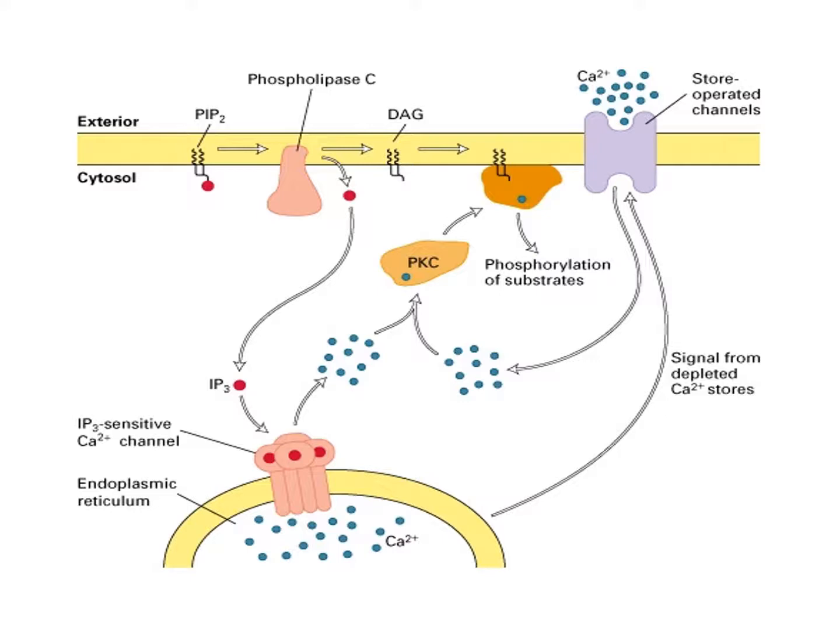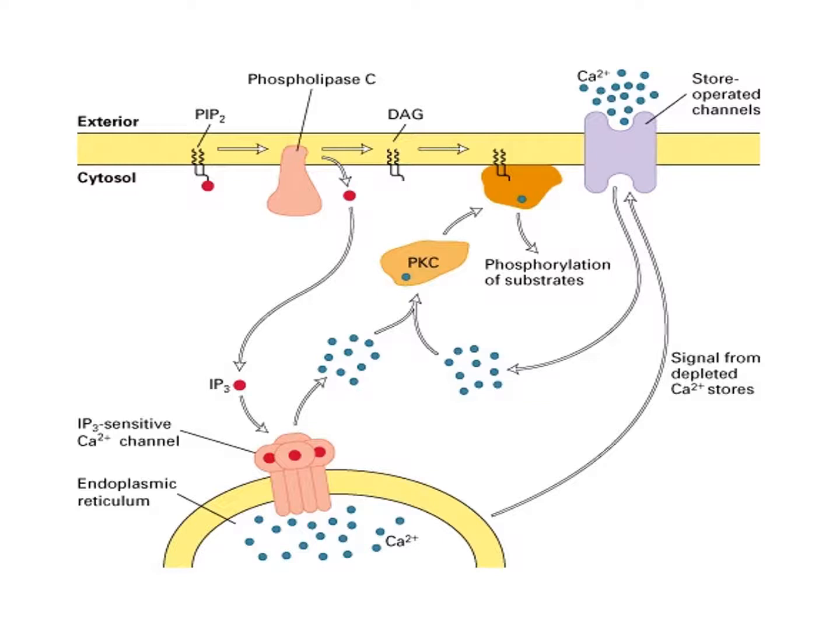Or you have IP3 that binds to a sensitive channel, this binds and it opens up a membrane channel, so it changes the shape, the conformation, and you have a flow of calcium out. And some of that calcium binds to protein kinase C and changes its conformation such that it can bind to the DAG and causes the phosphorylation.